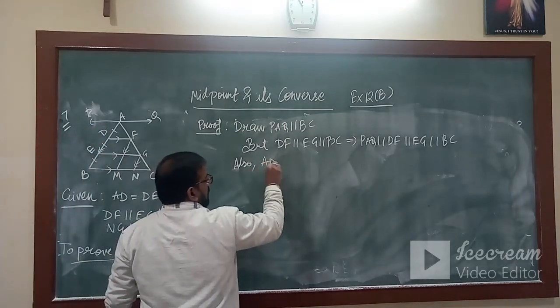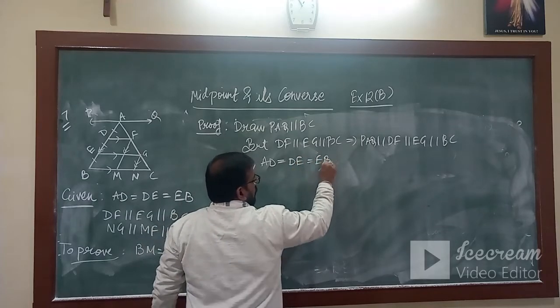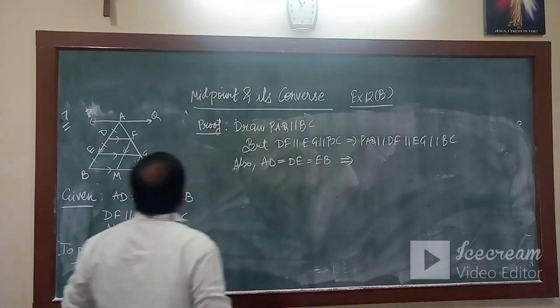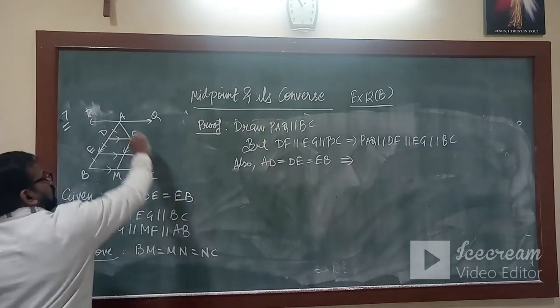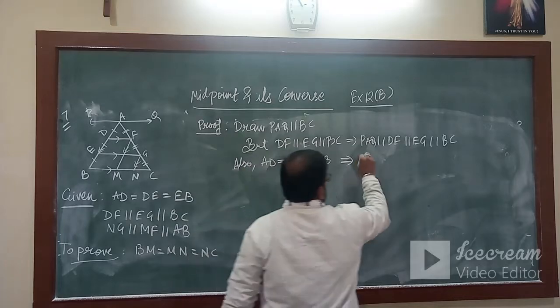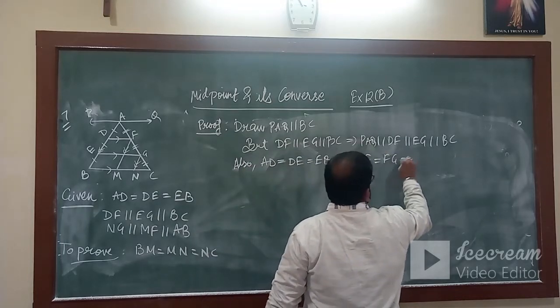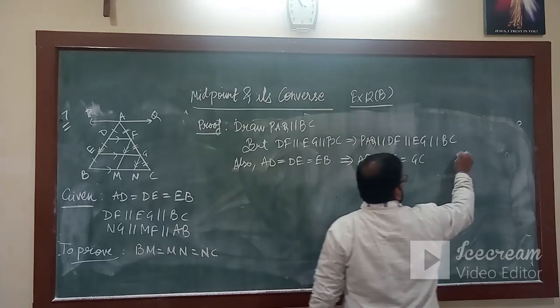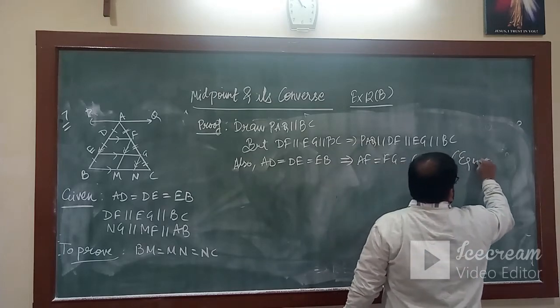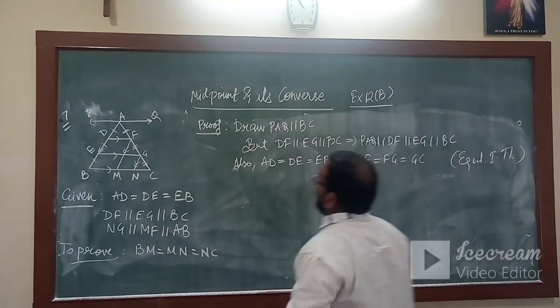It is given. So now we can use the equal intercept theorem. So these intercepts are now equal to each other. So that means AF is equal to FG equal to GC. This is by equal intercept theorem.